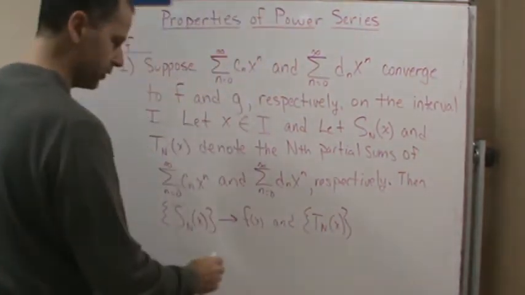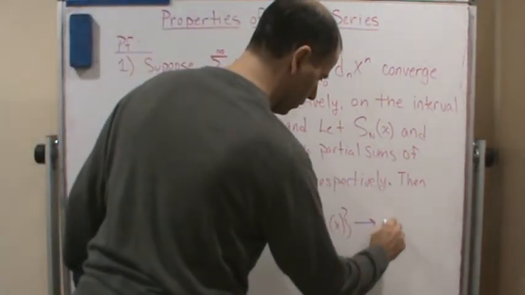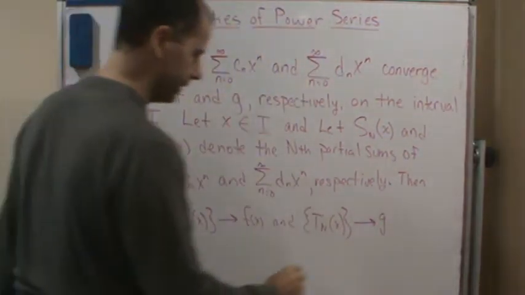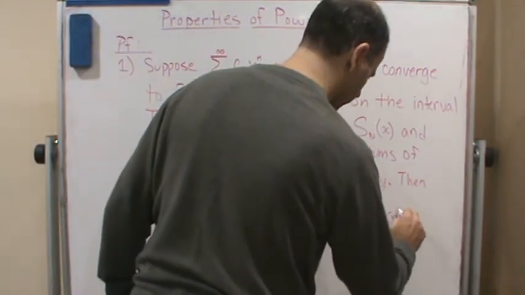So the sequences of partial sums converge to f of x and g of x respectively.